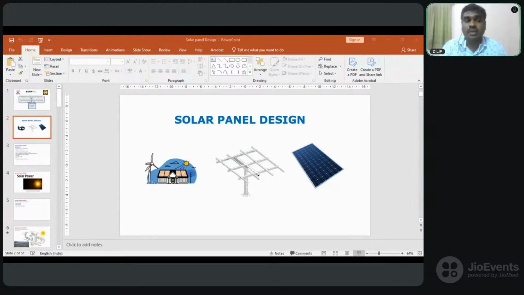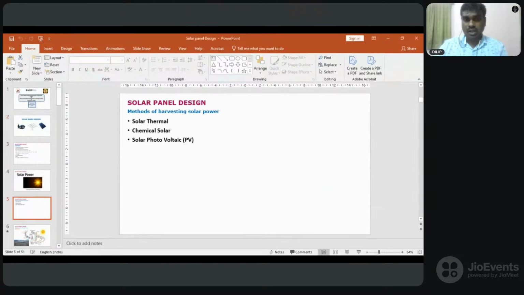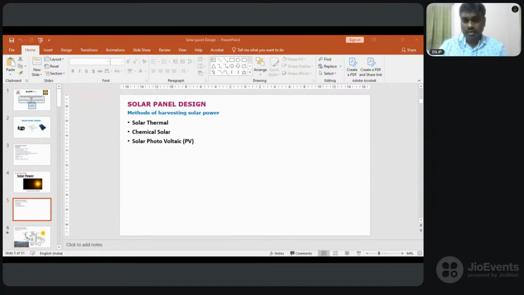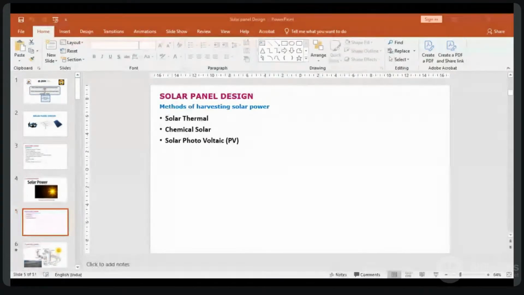Solar thermal, or excuse me, chemical solar? Are you on which slide? Sir, the slide is not moving. Even the slideshow has not come. Can you make it full screen mode? Okay, sir, one minute.